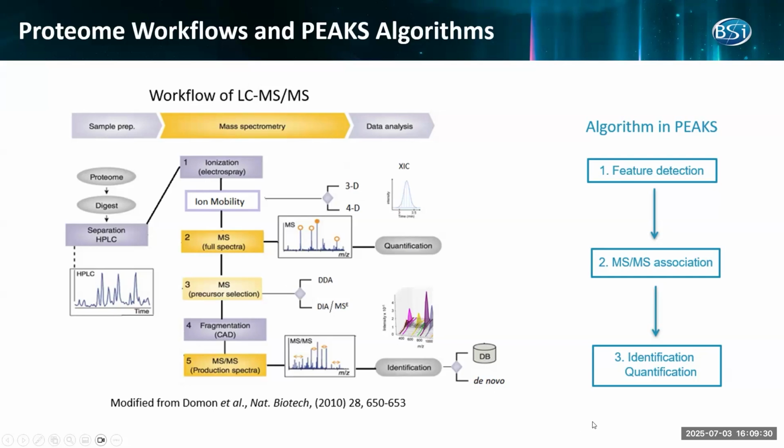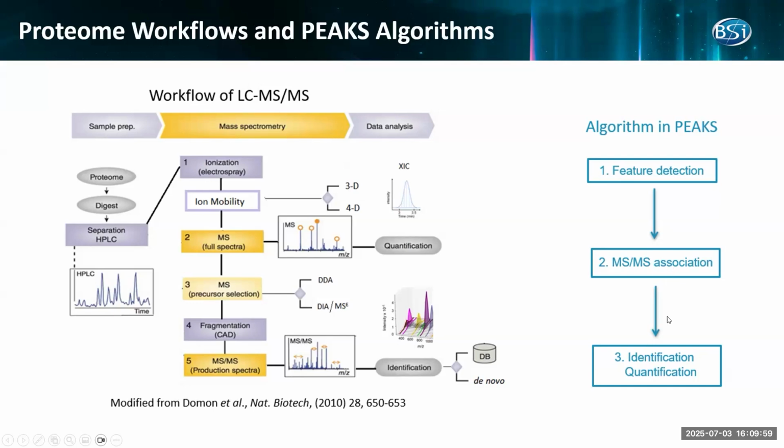So PEAKS is based on those, starting from the algorithm that detects precursors, which are generated by peptides. Then if we have tandem spectra for that precursor, like DDA acquired, or chimeric spectra, even if you didn't know, but that spectra contain that information, we will do association.